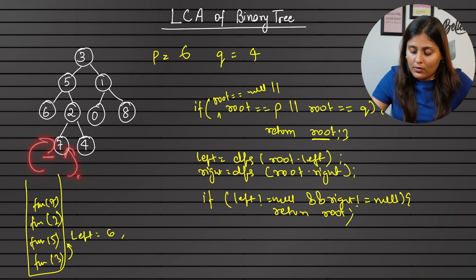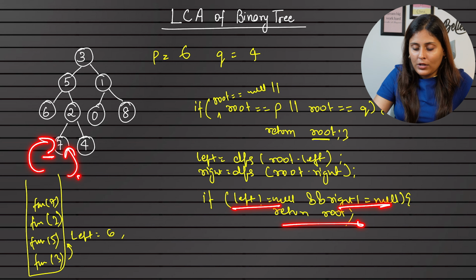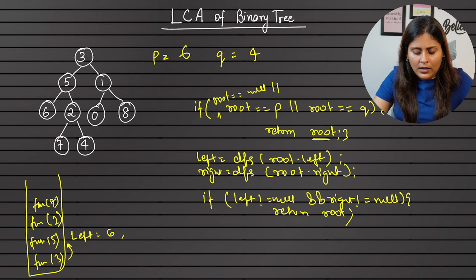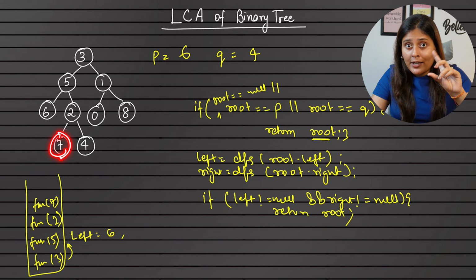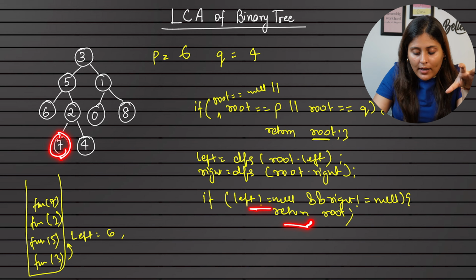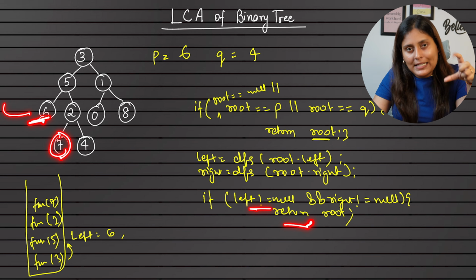Okay. So both are null. When both are null, what should be returned? What do you think? Simple. Null. Why should we return null? See, when we return something, it means we found it. We have found 6, so we are returning 6.